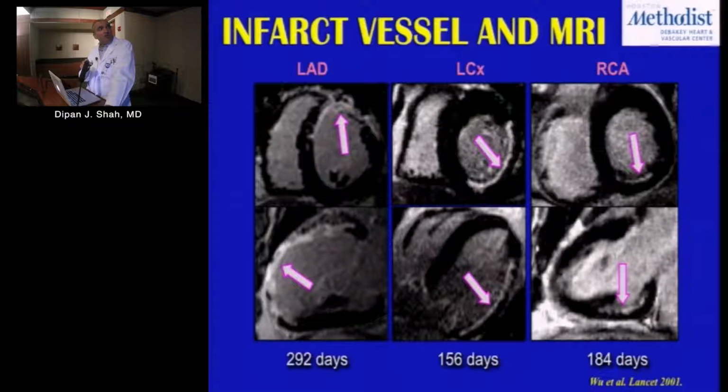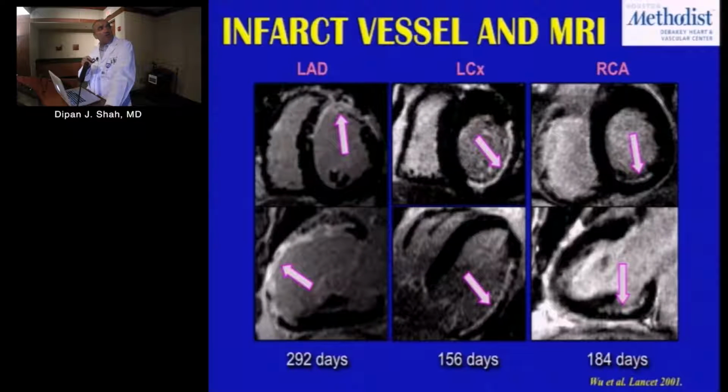And the third person with the RCA infarction, we see an area of hyperenhancement here in the inferior wall. But the unique feature of this is that we can not only tell that there's infarction present, we can actually tell what the extent of the infarction is. So in the patient on the left, it looks like it's almost full thickness or transmural. The patient on the right, on the other hand, because we have a high resolution map here, we can see that only about 25% of this inferior wall actually shows hyperenhancement.